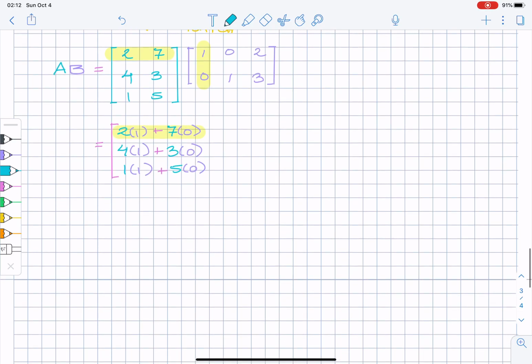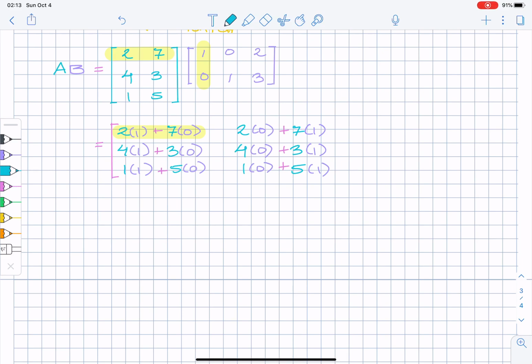Given that, I claim that if I were to do the second column, I would still have my 2, 4, 1, and my 7, 3, 5, which I would then multiply by 0, 0, 0, and 1, 1, 1, because that's the second column of B. So I've taken the whole matrix A and multiplied by the first entry in the second column and then the second entry in the second column.